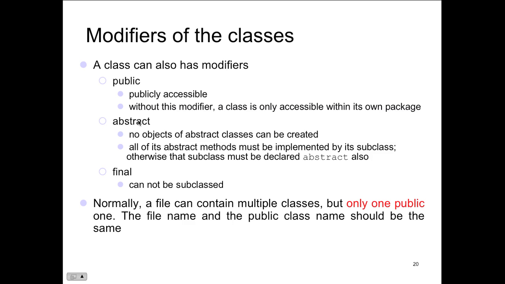So, abstract. No objects of abstract classes can be created. Going back to the abstract concept, it's sort of like a template, like a blueprint. And here's the interesting thing, and a lot of people can get it this way. Remember in C and C++ where we had a function prototype?